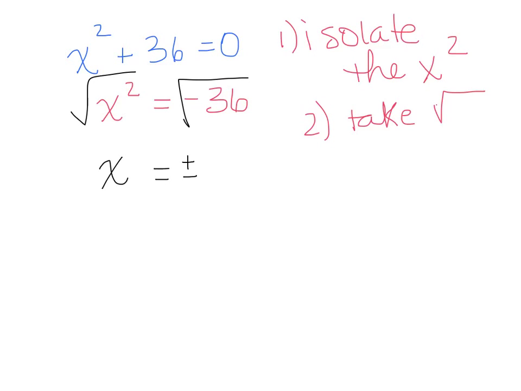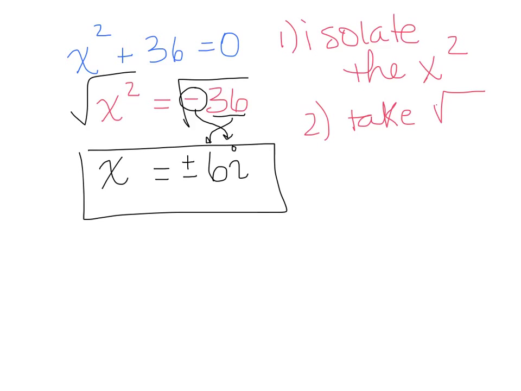But the point we're trying to make today is this square root of -36, and of course that's going to be 6i now that we know how to take the negative out as the i, and then you're left with the square root of 36 as the 6. Alright, so now I'm able to solve what was otherwise unsolvable over the real numbers. We can now solve it using complex or imaginary numbers.